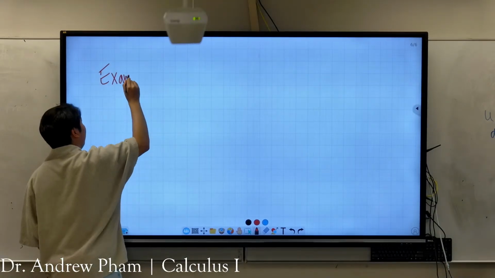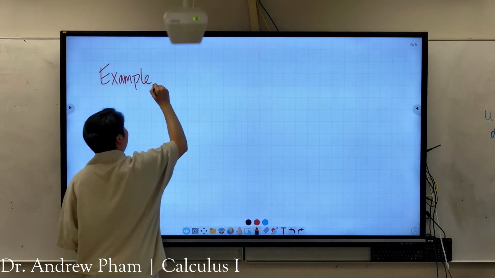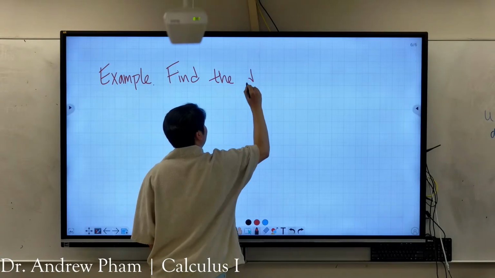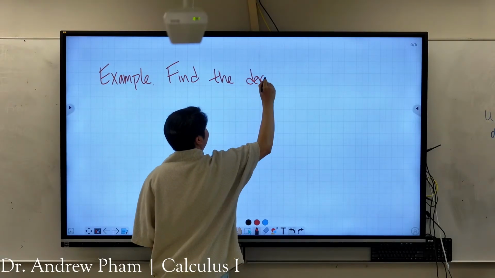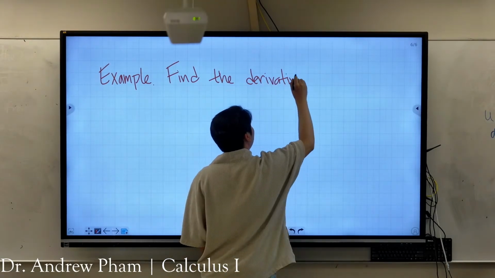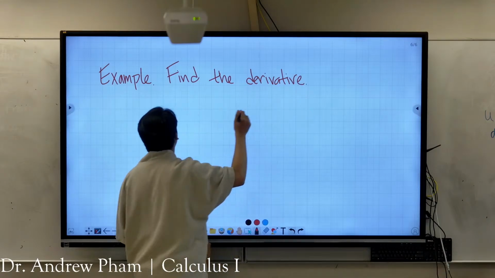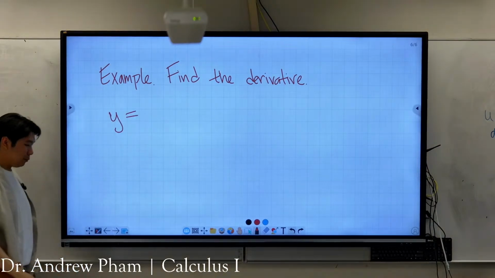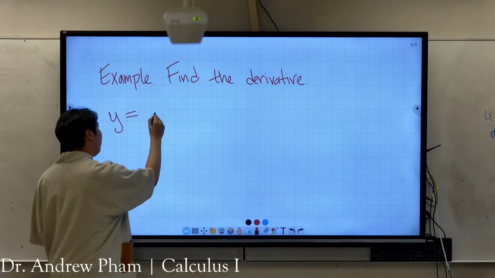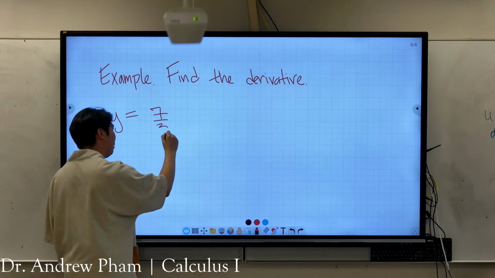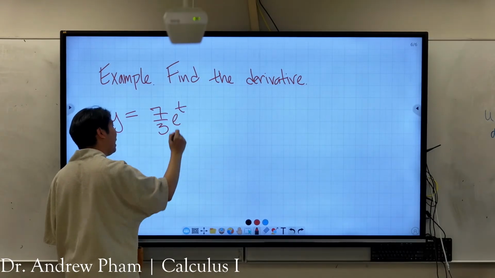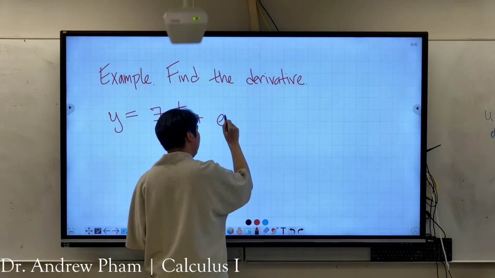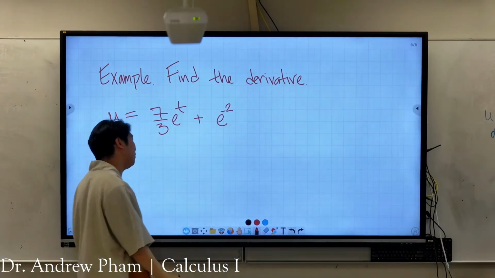Example. Find the derivative. And let's change it up by saying, let's say I have a function y is equal to 7/3 e to the t power plus e to the negative second.